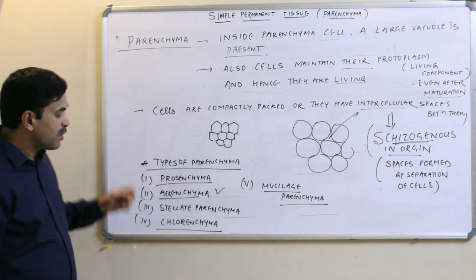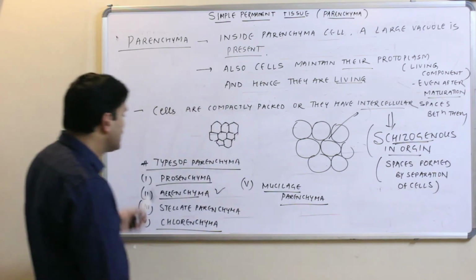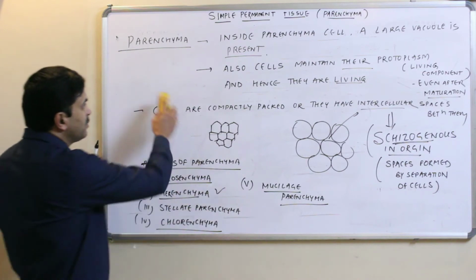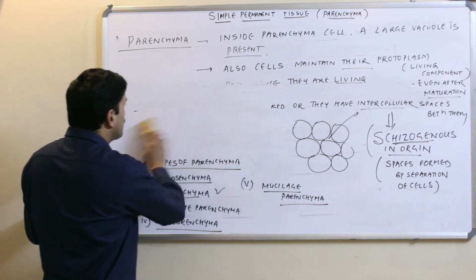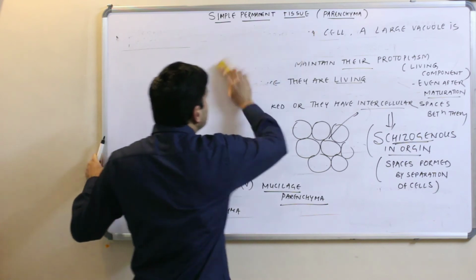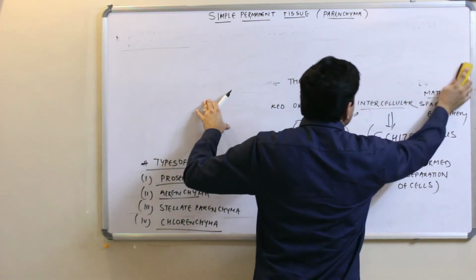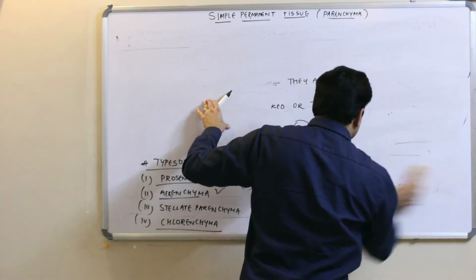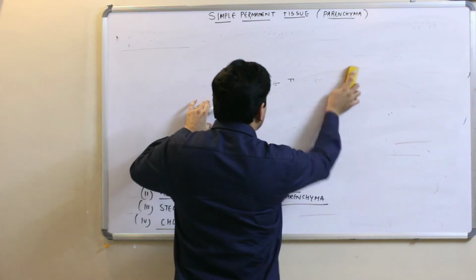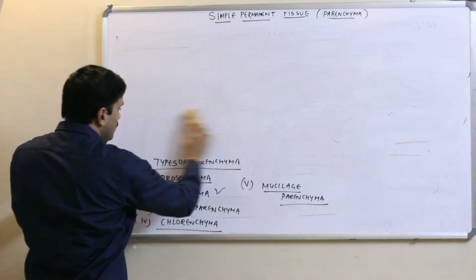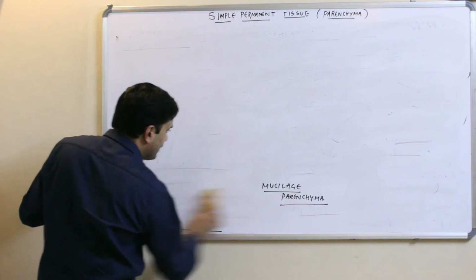Alright, so let's talk about the first one, which is known as Prosenchyma.